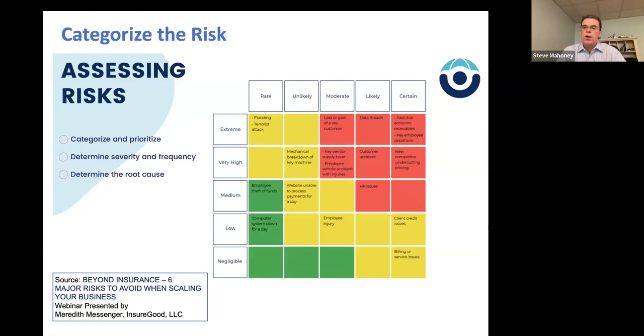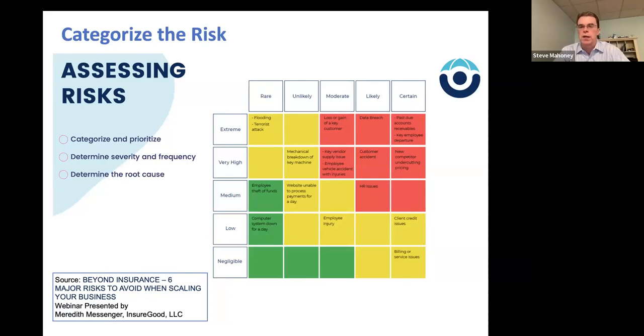So as you think about plotting these risks out in this matrix, you'll see that the color coding helps you decide where you want to focus your attention. Items in this upper quadrant, this red quadrant, are things that you want to think about putting a mitigation plan in place for. Items in the green are ones that you want to keep on your list of risk items as part of your business planning, but unless the category moves, you probably don't need to do anything serious about it, except maybe some minor mitigating controls.